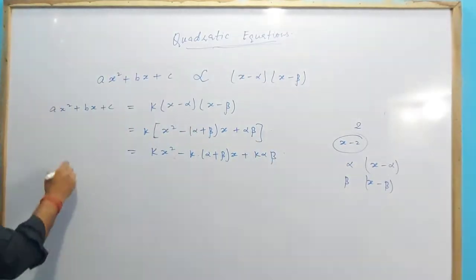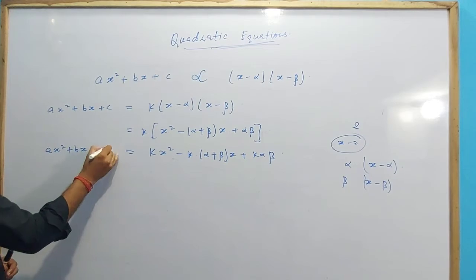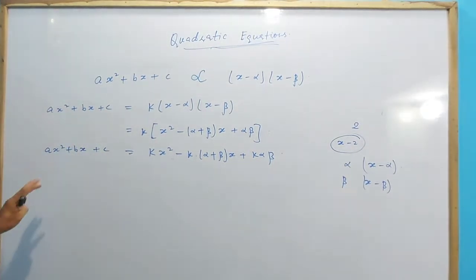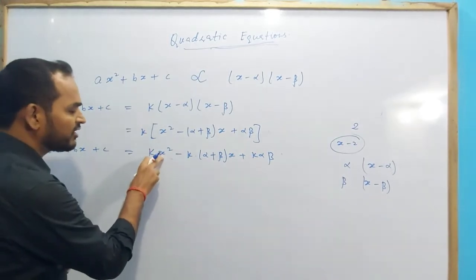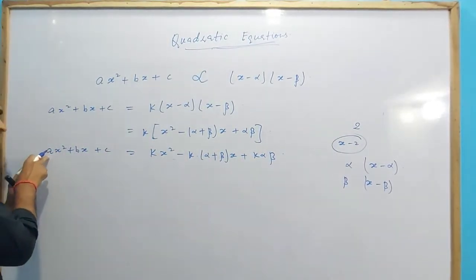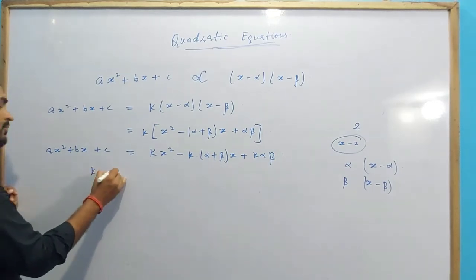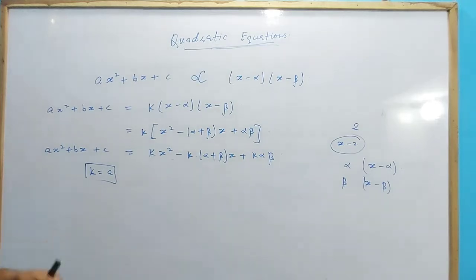Just keep it in mind that it is equal to ax square plus bx plus c. Now equate it. The coefficient of x square is k here, and the coefficient of x square is a there. So k will become a.